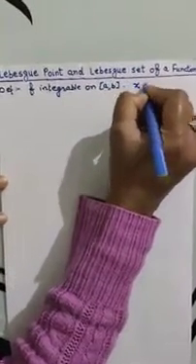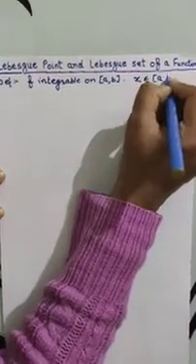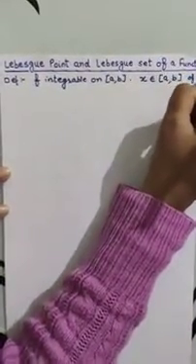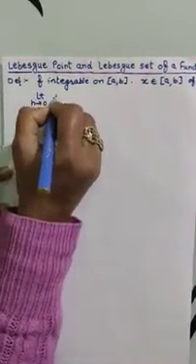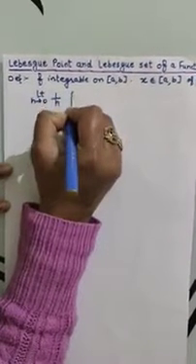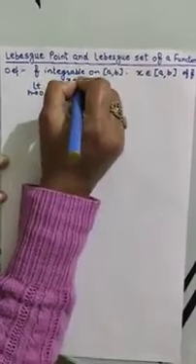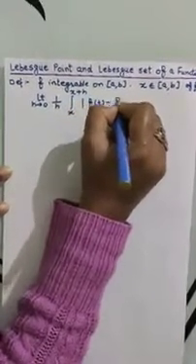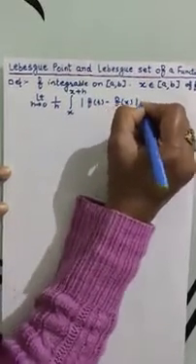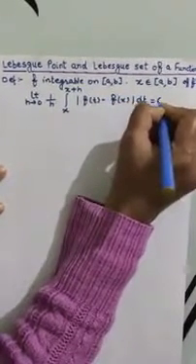Then a point x in [a, b] is said to be a Lebesgue point of f if the limit as h approaches 0 of 1/h times the integral from x to x+h of |f(t) - f(x)| dt is 0.